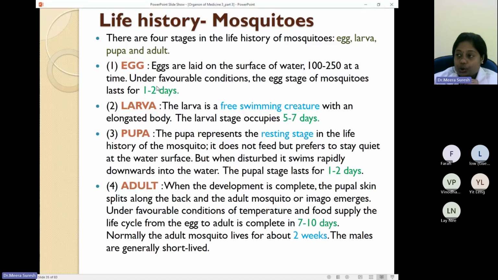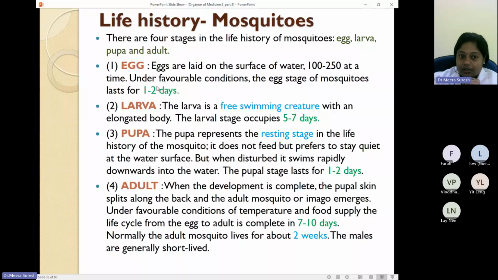So that is why we need to know. In all three stages, egg, larva, and pupa, you see from the habitat that they happen within the water surface. So if we are going to control mosquitoes in the egg, larva, and pupa stages, we need to deal with the water where it is being hatched out.